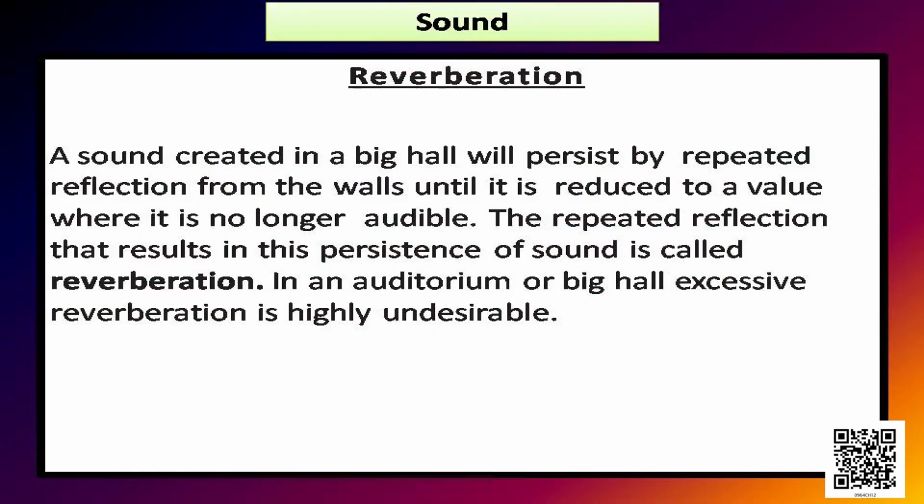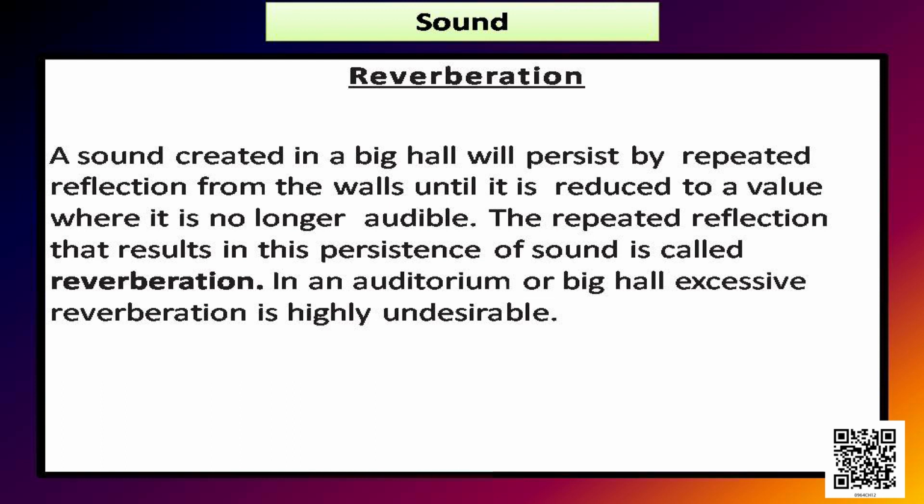Students, let us now discuss reverberation. A sound created in a big hall will persist by repeated reflection from the walls until it is reduced to a value where it is no longer audible. The repeated reflection that results in this persistence of sound is called reverberation.